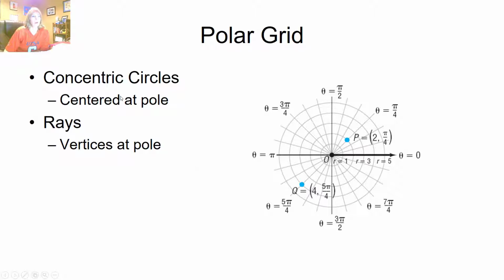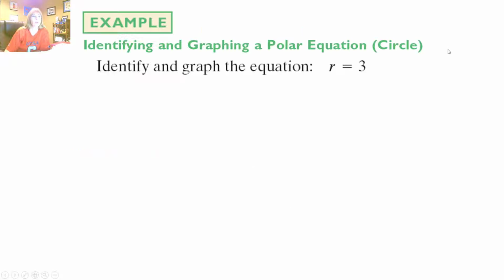If I look at a polar grid, these concentric circles are my radius. As you can see here, radius 1, then radius 3, radius 5. And then the rays, I start the vertices at the pole, meaning start right here, which you're used to calling the origin. In this case, with polar coordinates, we're calling the pole.